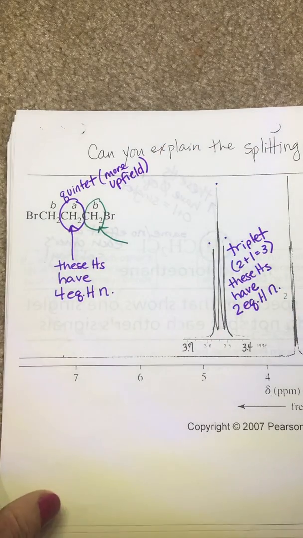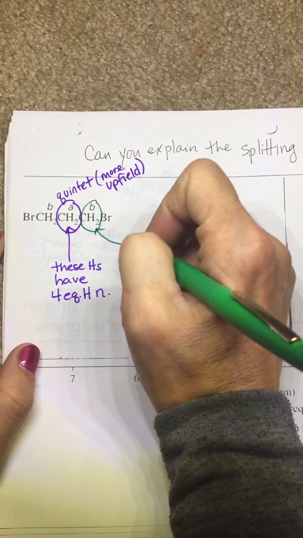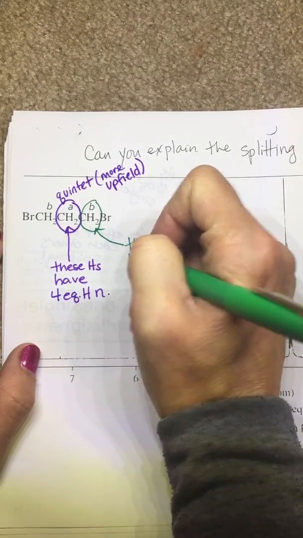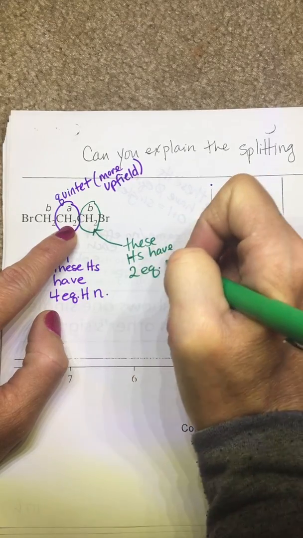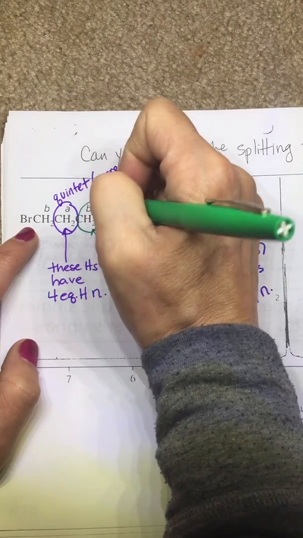Okay, now our B hydrogens. And again, I just have to look at one side because these are the same. Those 2 B hydrogens right here have 2 equivalent neighbors. So that's why 2 plus 1 is 3. We are seeing a triplet.